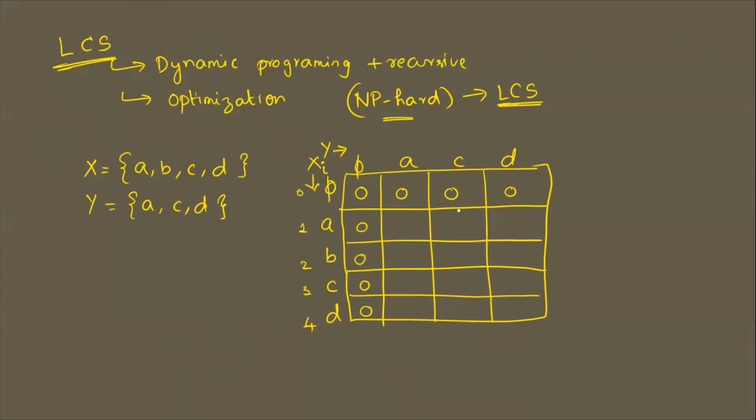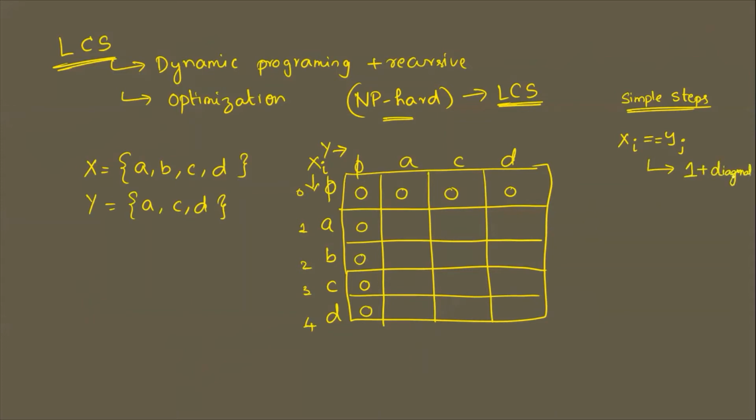Now, just listen here carefully. I'll write some simple shortcuts, or simple steps, to do this problem. If your x of i is equivalent to your y of j, then what you have to do is add 1 plus whatever is in the diagonal cell.